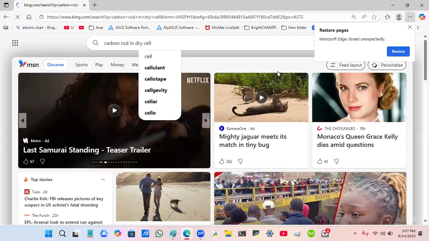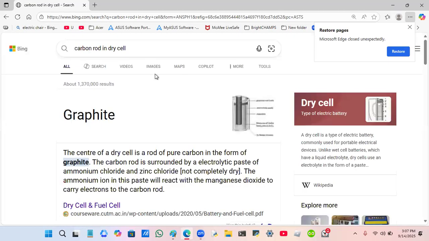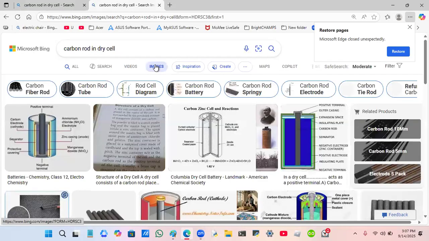Okay, so I think it's correct. So you can see it actually exists. It's called graphite. Yes, so it's correct. I just wanted to be sure. That's the diagram I was looking for. It's correct. Carbon rod. Let's continue.